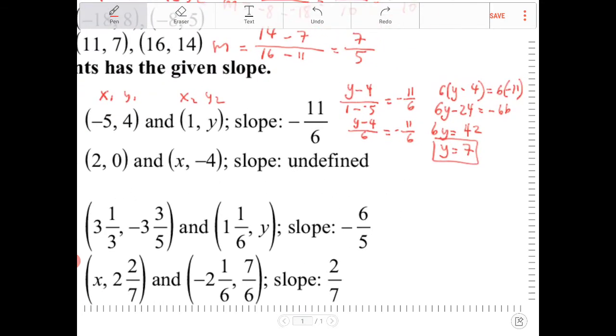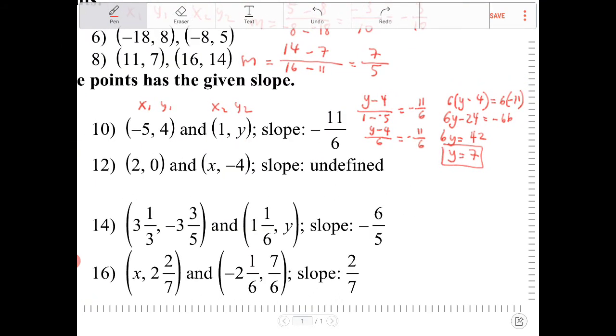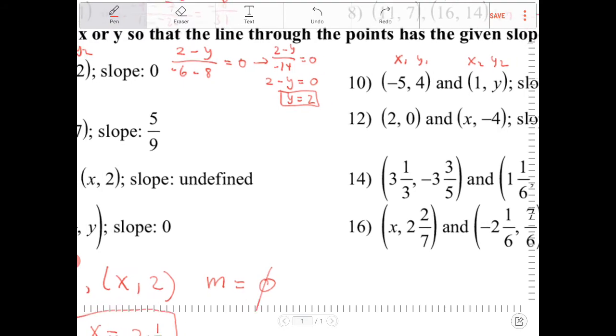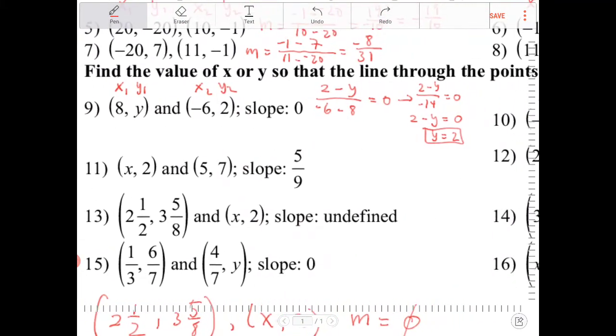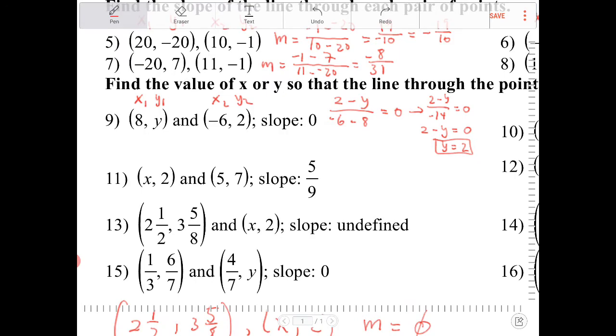Similarly, another way of interpreting this problem, we've solved that y is equal to 7, right? I'm sorry, this question is what I wanted to talk about. Question number 9. Notice that the slope here is 0, right?